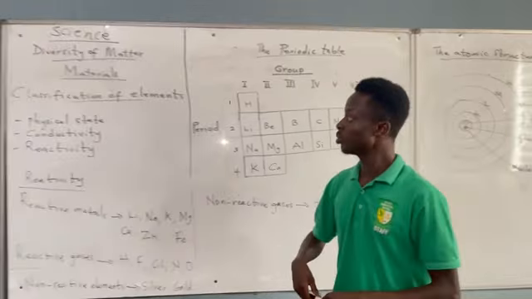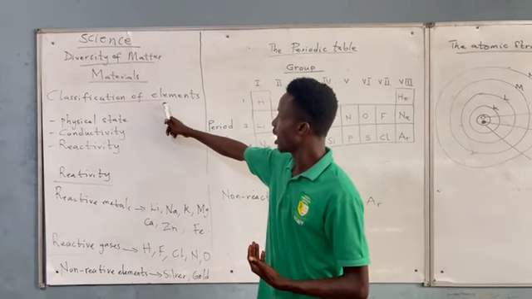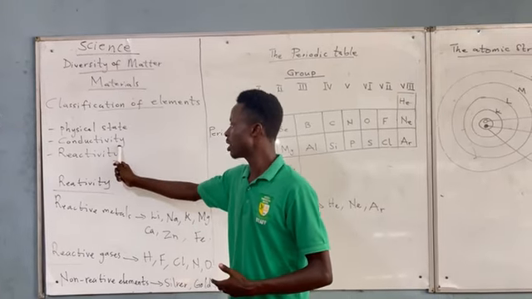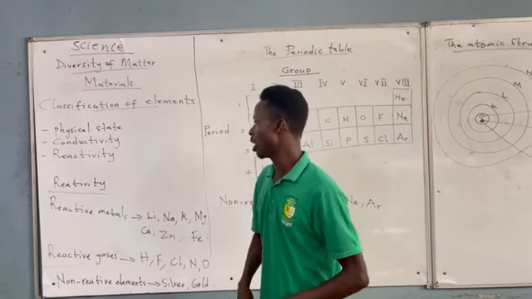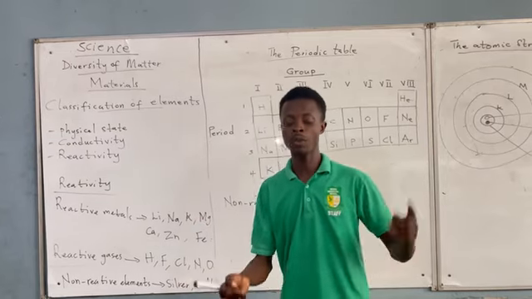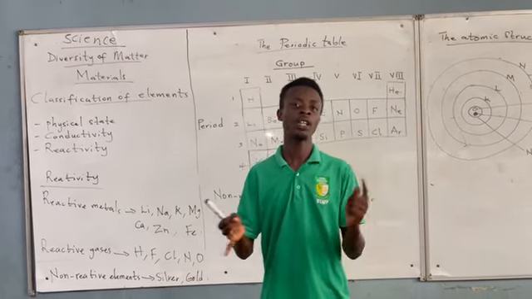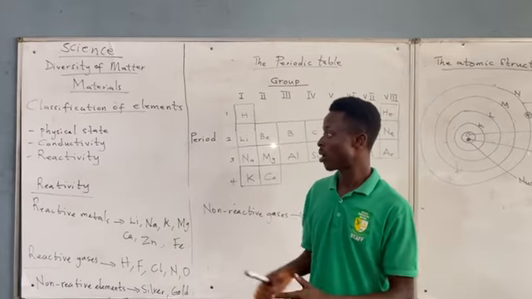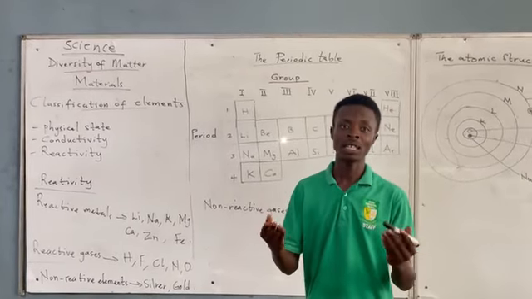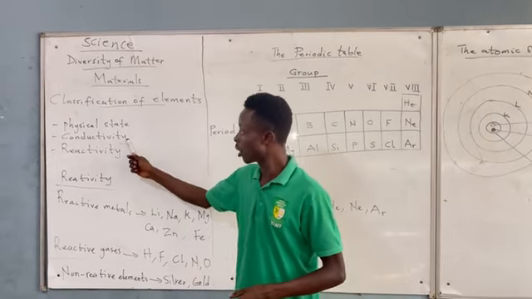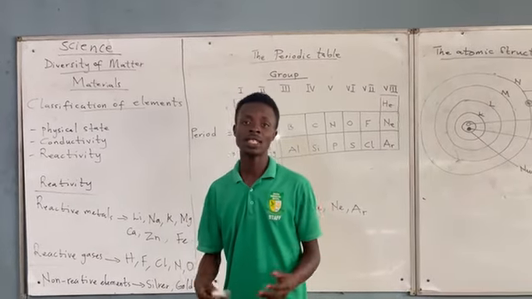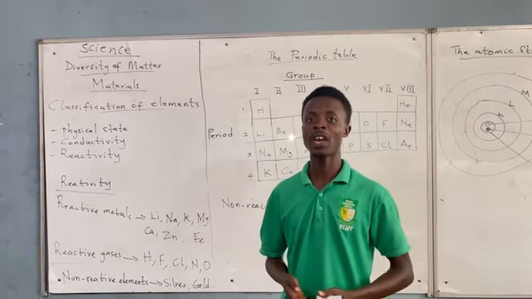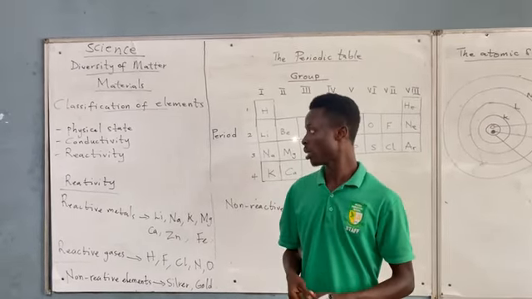So let me go through. I said elements can be classified based on their physical state, conductivity, and reactivity. Under the physical state, we have solid elements, liquid elements, and gaseous elements. We talked about them and their examples. We also talked about conductivity, the ability of elements to transfer heat and electricity.